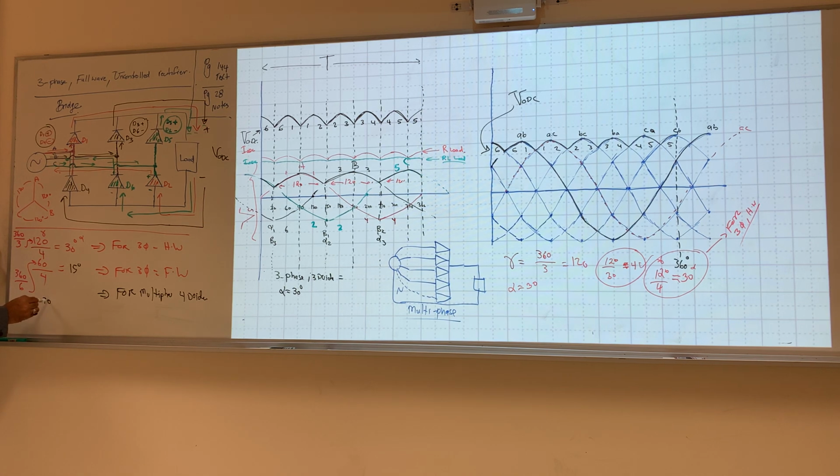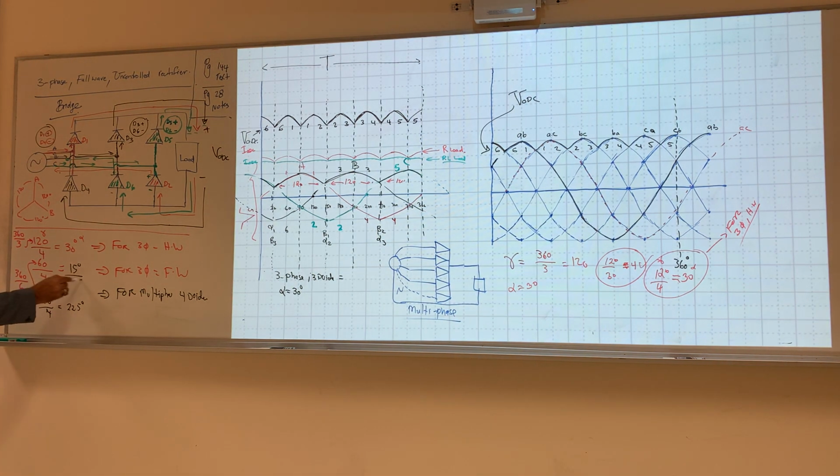So it will be 90 divided by 4, because we really make this one difference from something that we know. And 90 divided by 4 is 22.5. So that's my alpha. I will start from there.